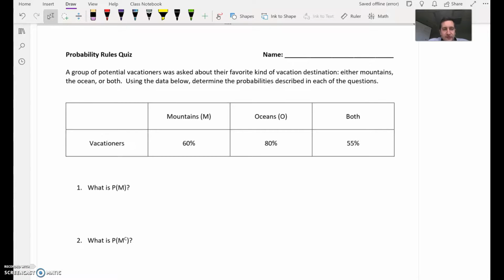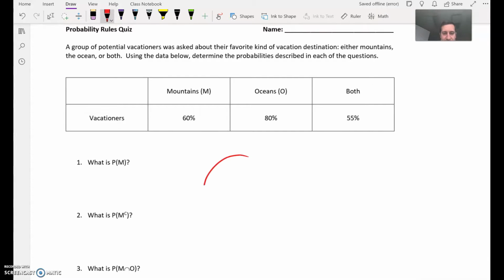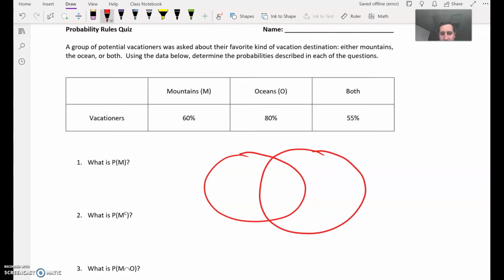It says a group of potential vacationers was asked about their favorite kind of vacation destination. And it looks like 60% say mountains, 80% say oceans, 55% say both. So we'll put the 55 in there. So if 55 says both and 60% said mountains, that means there's only 5% that were mountains only. Because remember, 55% said both, so almost all of that 60, they like both.